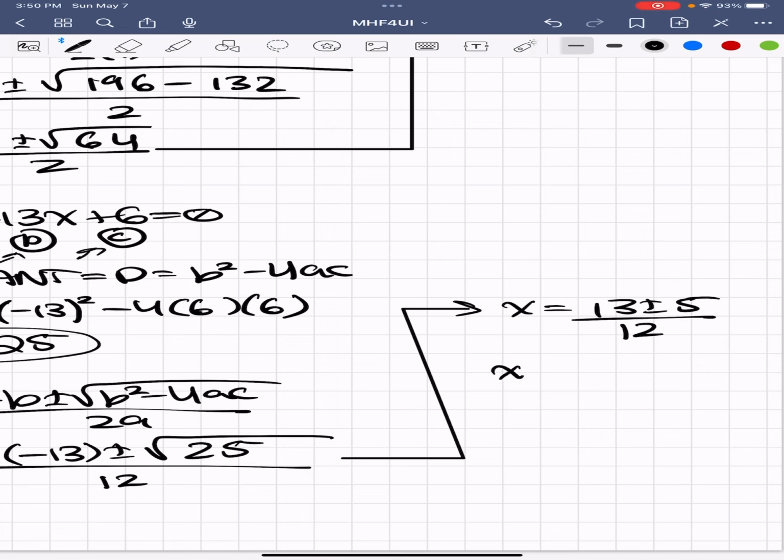And our answers are 3 over 2, or x equals 2 over 3. Those are exact numbers because they're fractions.